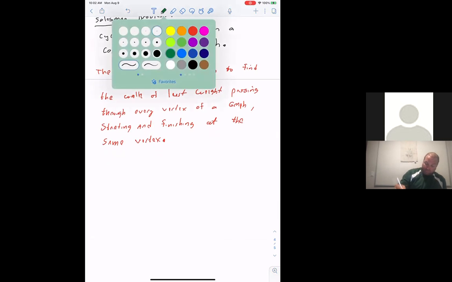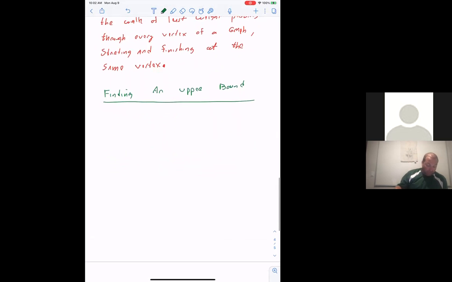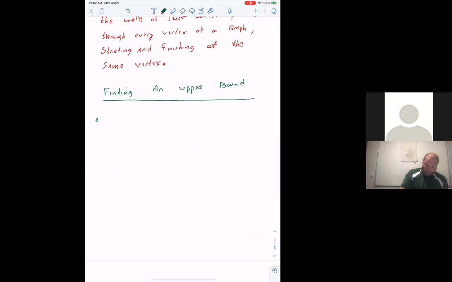So let's start with finding an upper bound. And this one actually does have an algorithm. Let's demonstrate that with the following example. Here's A, here's B, here's C, here's D, here's E, and that completes that.